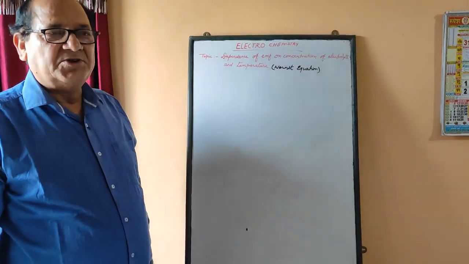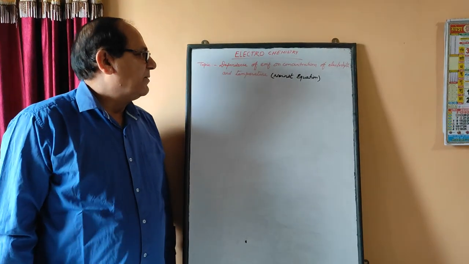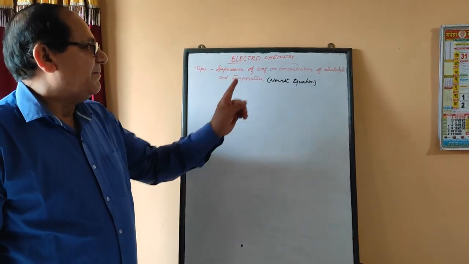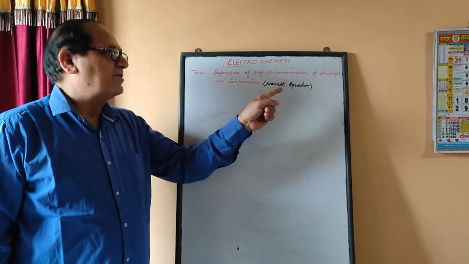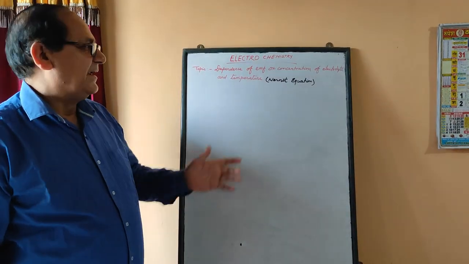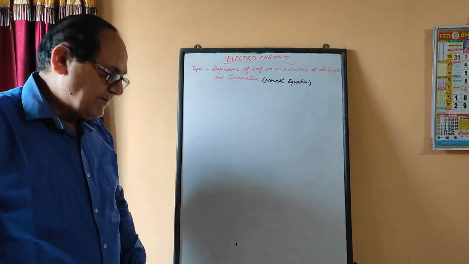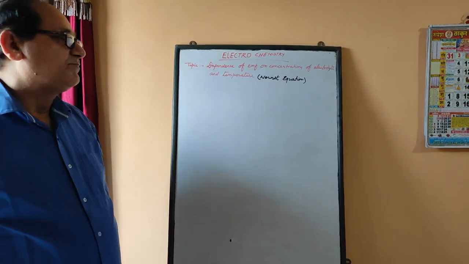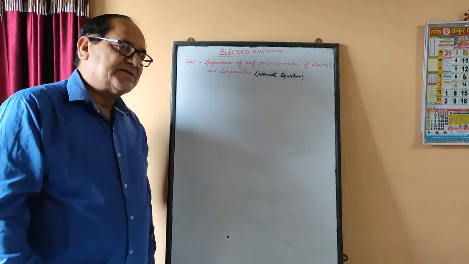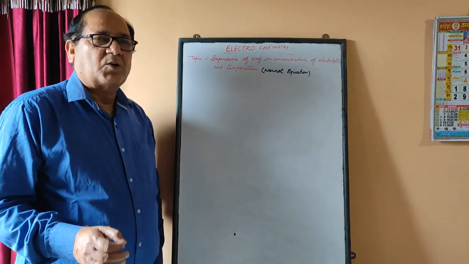Good morning, children. Today's topic is dependence of EMF on concentration of electrolyte and temperature, and it is nothing but the Nernst equation. This is a very important topic. Already in the previous class we have discussed the standard electrode potential.